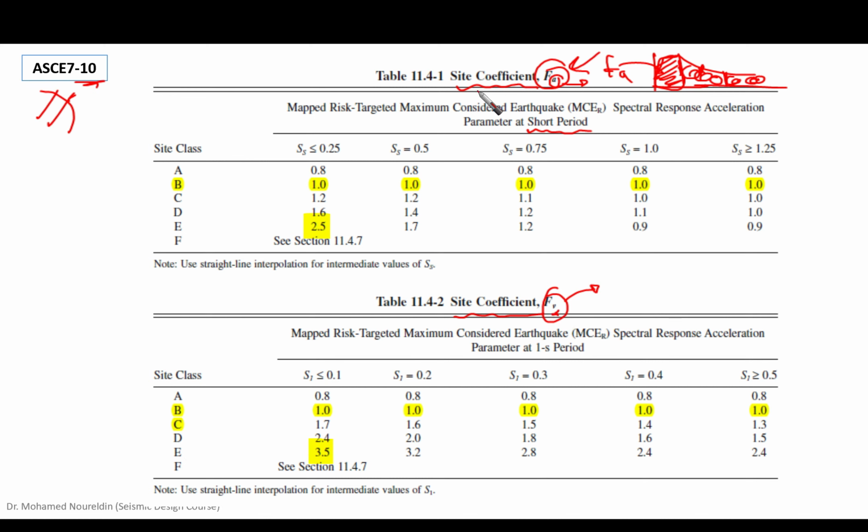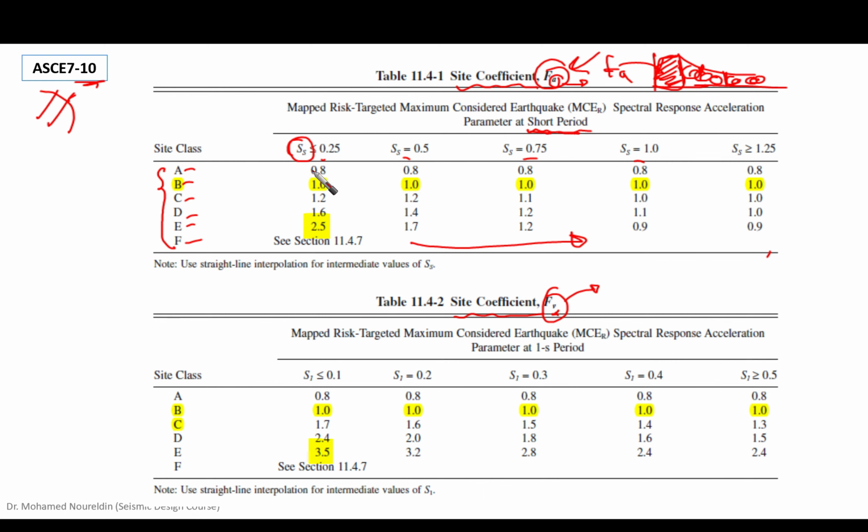Anyway, this is the mapped risk-targeted maximum considered earthquake spectral response acceleration parameter at short period. So we're talking about S sub S. Here we are going to find S sub S, and they are putting it based on some values here, and these are the 6 different soils starting from A, B, C, D, E, and F. If you go here, you're going to find that whenever we go to the left, the values are decreasing.